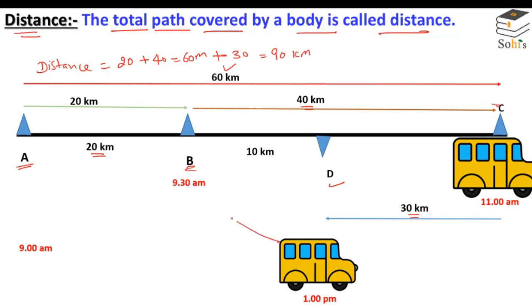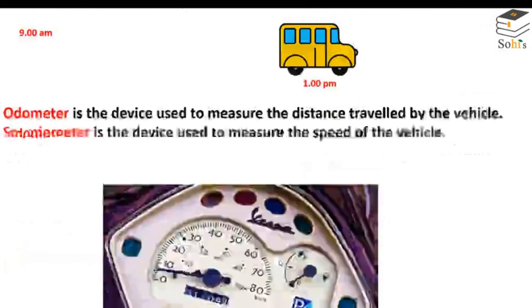If the body comes back to point B, then again we add 10 and it becomes 100 kilometers. If the body comes back to point A, then again it covers 20 kilometers more, so distance becomes 120 kilometers. In distance, we add the total path covered by the body, whether it moves in the forward direction or in the backward direction.